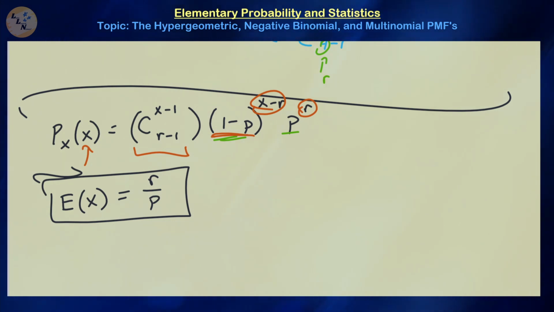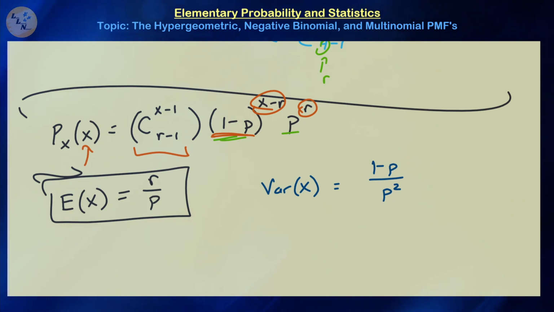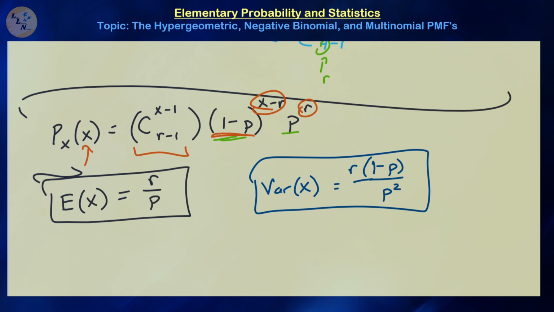Now we want r of them, so we have r over p, so very close connections there. I leave it to you to think about the variance formula for a negative binomial. Maybe you recognize (1 minus p) over p squared and which distribution this is. If we multiply this by r, that gives us the variance formula for a negative binomial distribution.